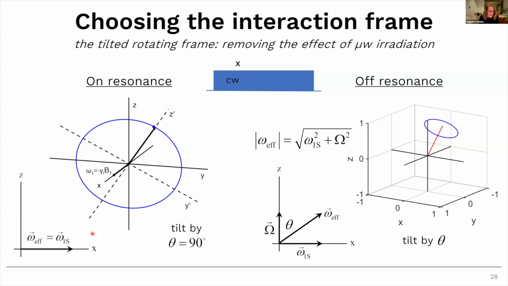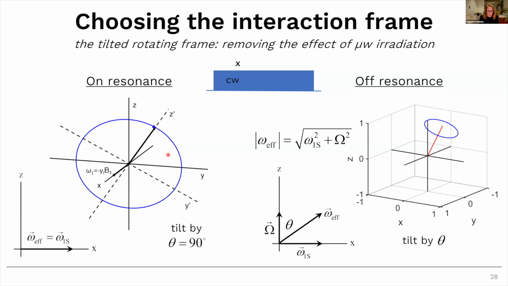So let's say we apply our radiation along the X direction. So our omega 1 is minus gamma of the nuclear or electron spins times B1, and we apply it along the X direction. Now, the consequence is that the magnetization of, let's say, our nuclear spins will start to rotate in the ZY plane.